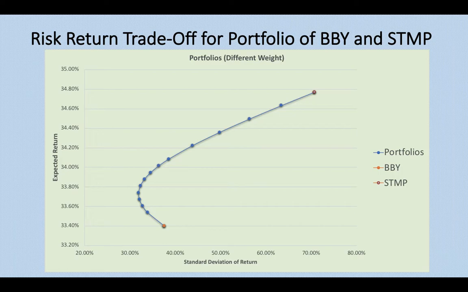This is significant for you to understand why we always say to diversify and hold different stocks. It tells you why diversification increases your return and reduces the risk for your portfolio.